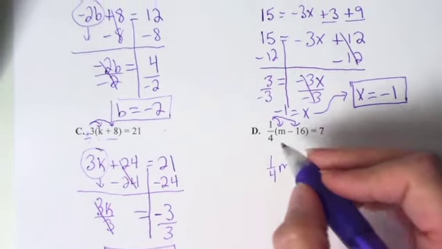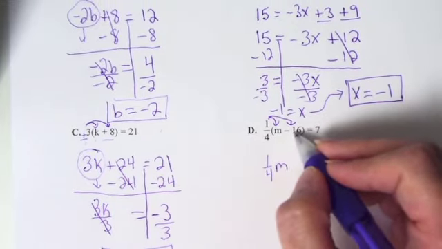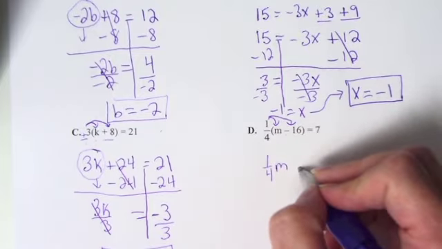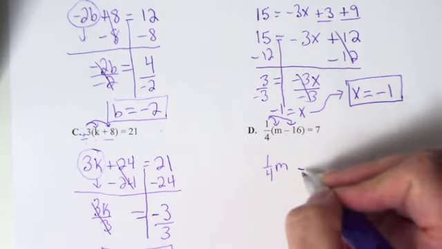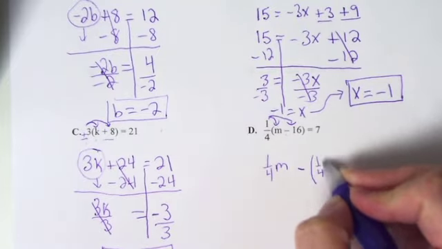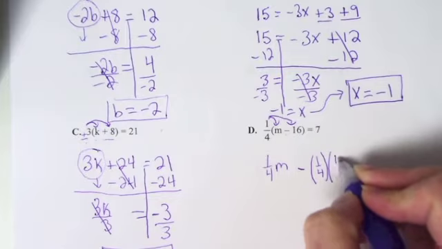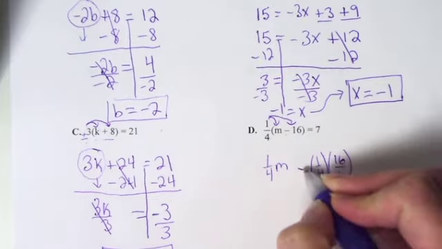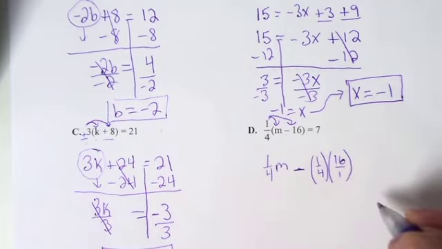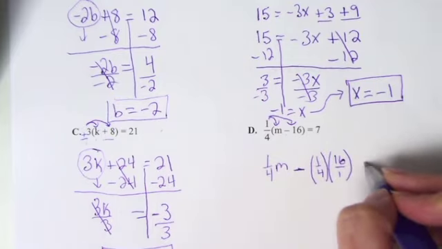And then we have 1/4 times negative 16. Okay, it's a positive times a negative, so we know it's going to be negative. And then let's just write it out separately here. We got 1/4 times 16 over 1, because we've taken care of the signs, so we don't need to worry about the signs anymore. We've taken care of that by putting the negative out there. And then that equals 7.